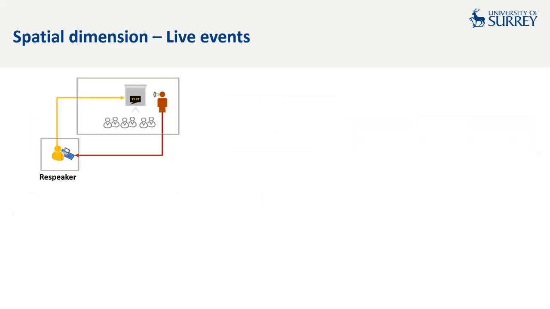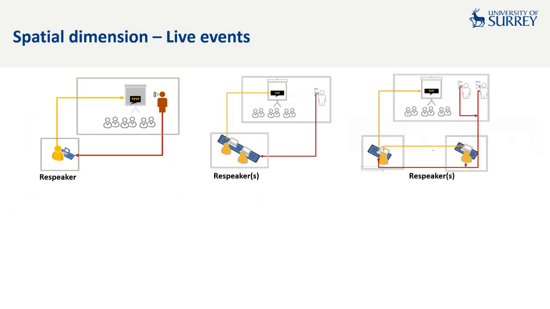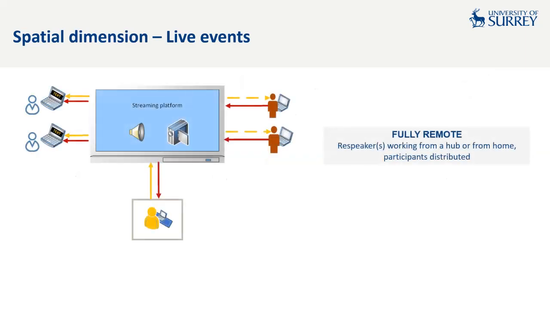Or working entirely remotely, either from a hub or from home alone, together, or separately but connected to each other. In such cases, the speakers and audience may be co-located or entirely distributed, for instance, in multi-point virtual meetings. So there may be hybrid scenarios with one or more remote speakers or remote audience.